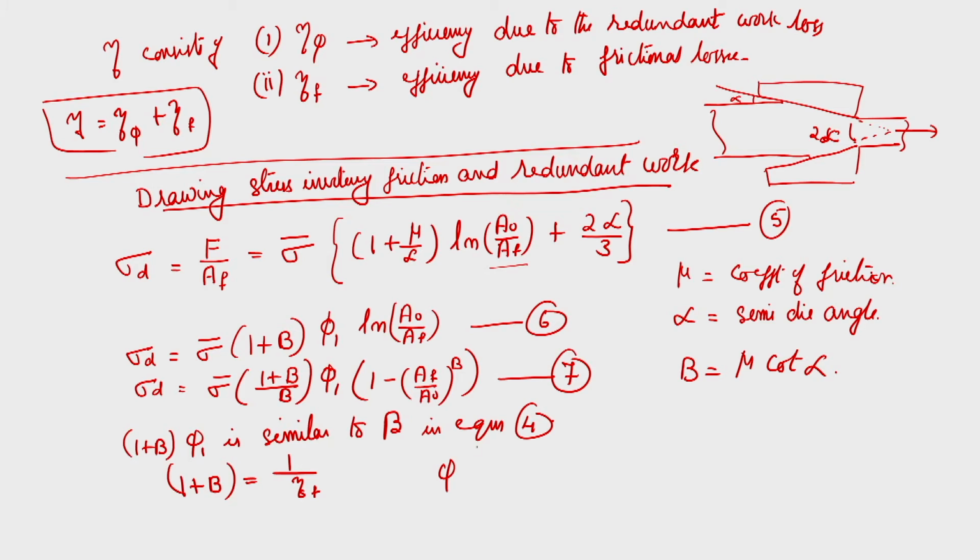Okay. Whereas this phi 1 is nothing but 1 by your efficiency due to redundant work loss.